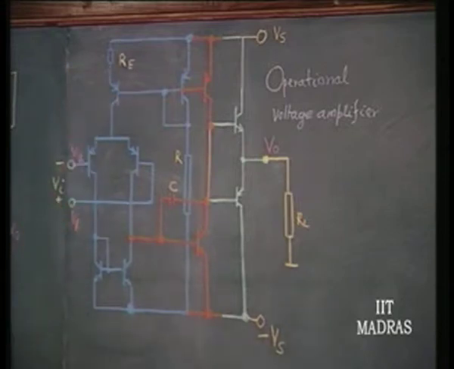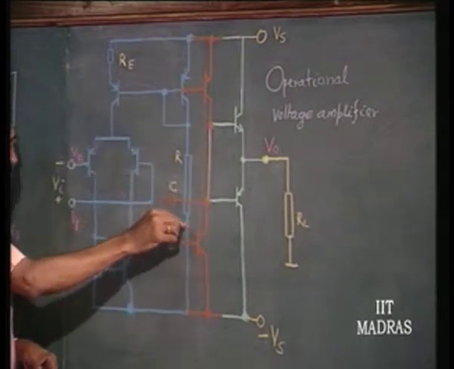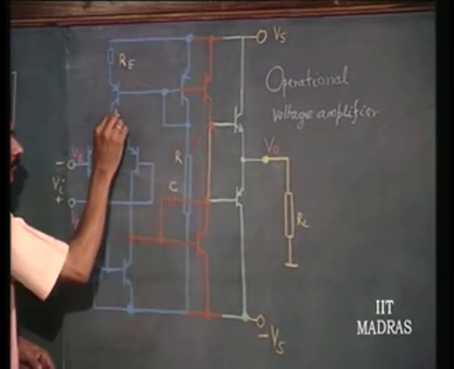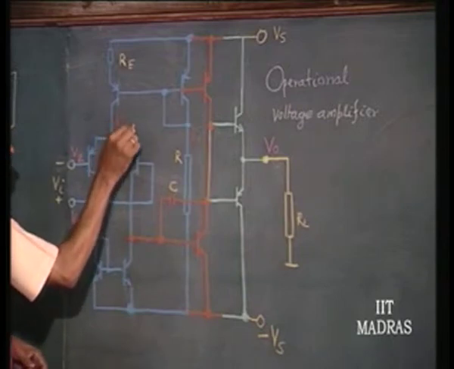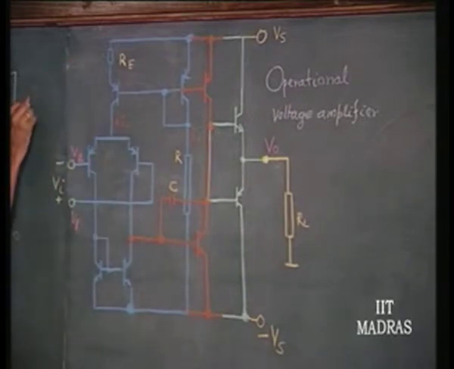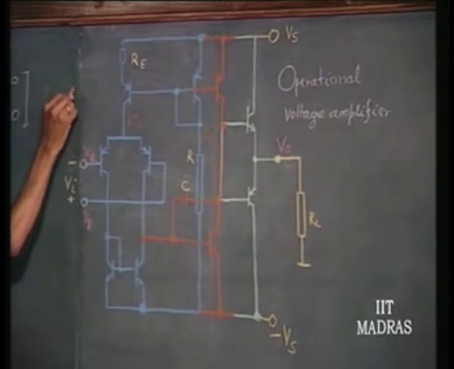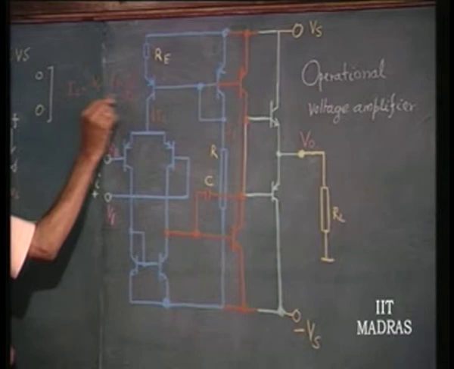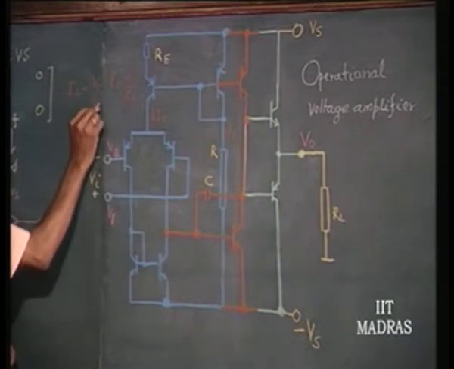If I1 is the current in this, I2 is the current in this, we know that I2 is going to be Vt log(I1/I2) divided by Re.